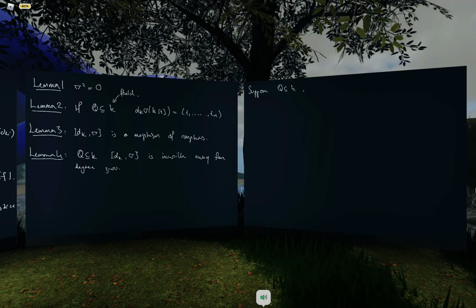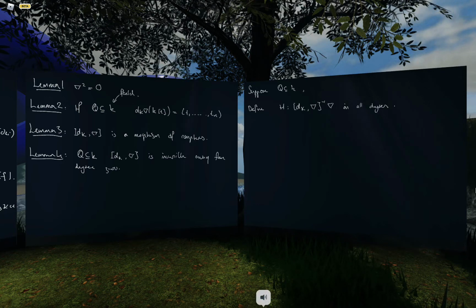Okay, so we define a map H, which will end up being the homotopy in our strong deformation retract as this thing, in all degrees where KT is non-zero.